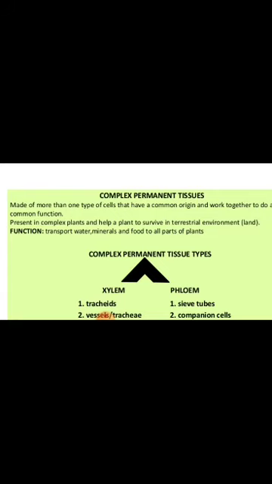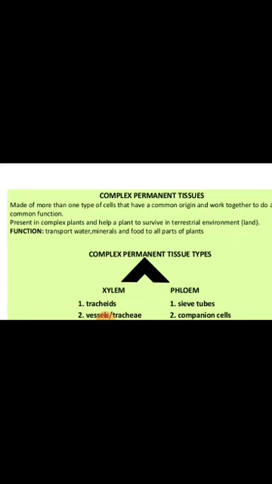In short, when we talked about the stem in our lower classes, we knew that the transportation of all the water and minerals is done by the stem. So here there are particular types of tissues that help in this function, and they are the complex permanent tissues.